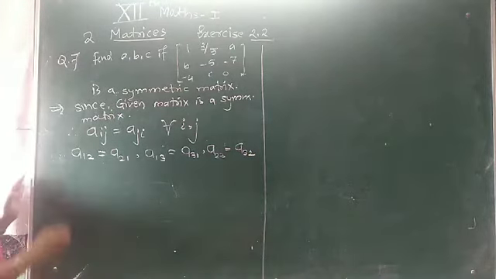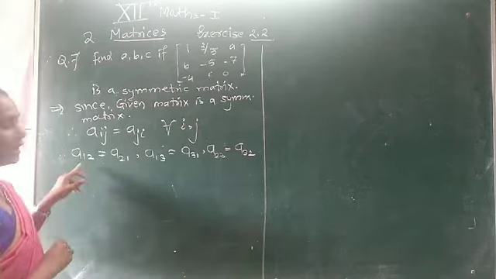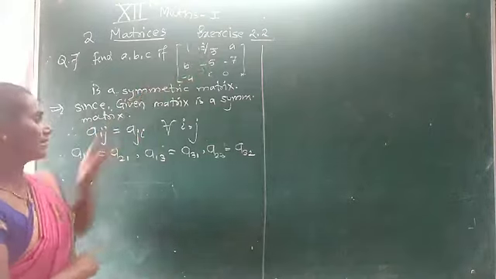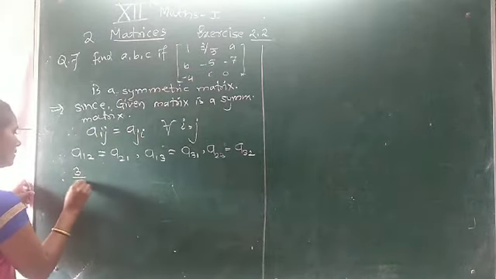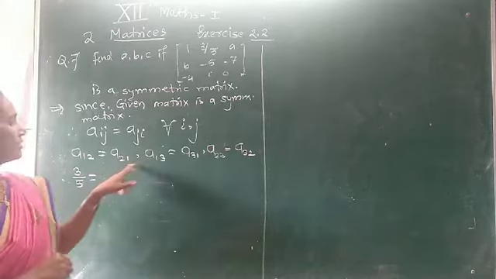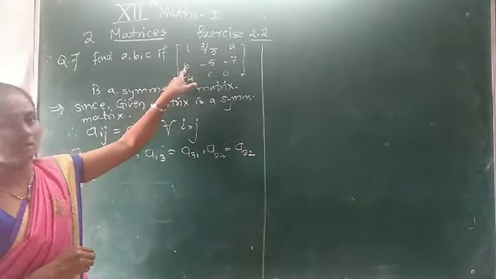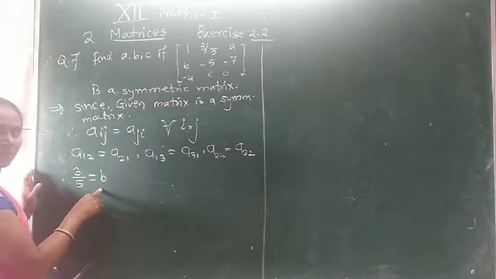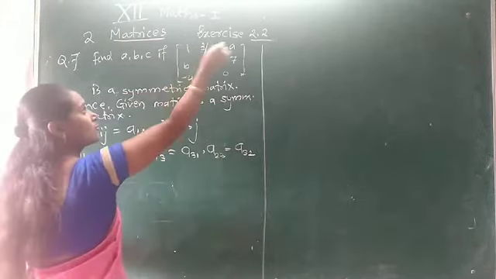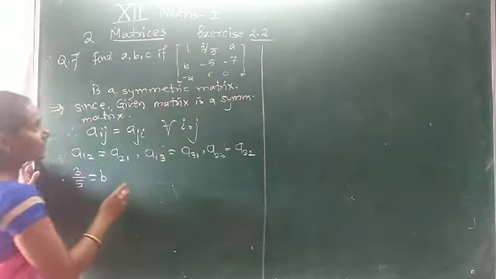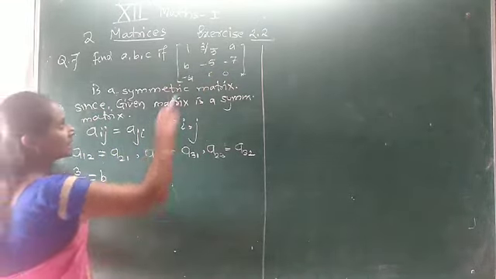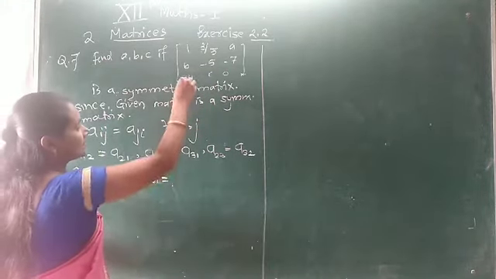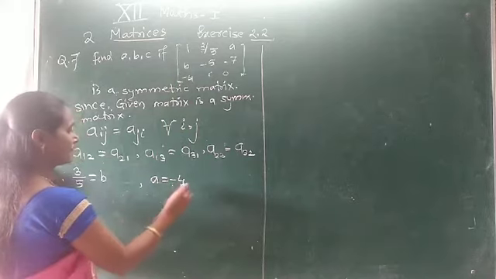So what is a12? The element in the first row and second column is 3/5. And what is a21? The element in the second row and first column is b. Therefore 3/5 is equal to b. Symmetric matrix means these corresponding values are the same. Next, a13 is a and a31 is minus 4.